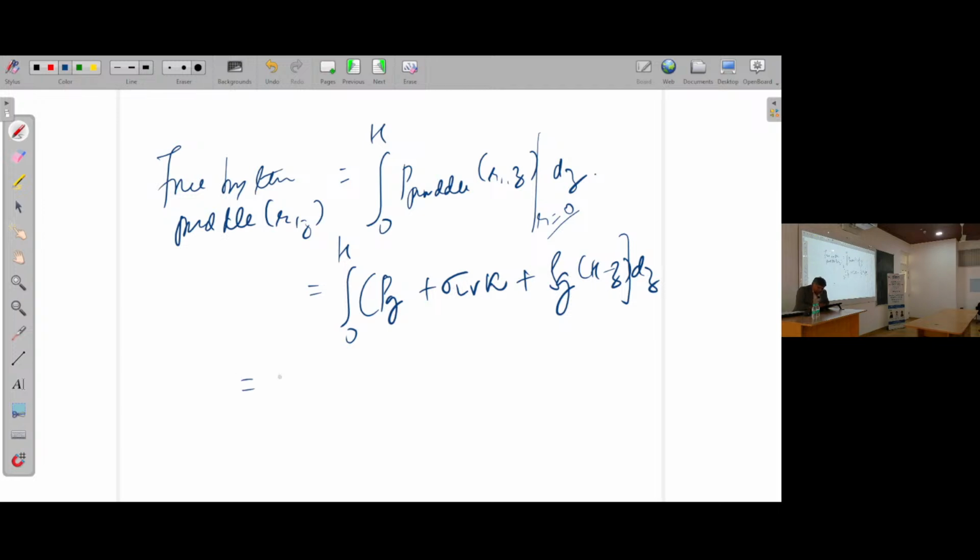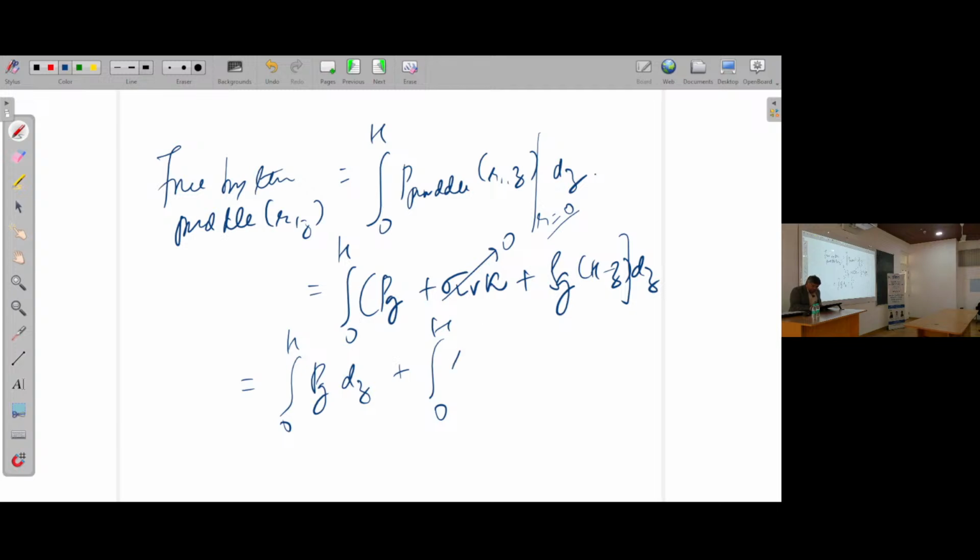So this becomes the integral from 0 to h of P gas dz, plus the integral from 0 to h of rho g (h minus z) dz, as the curvature term almost becomes 0 at r equal to 0.